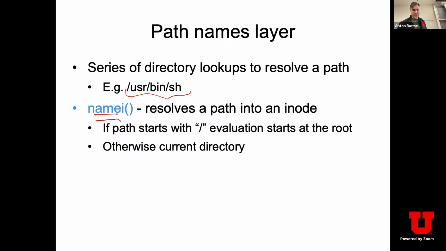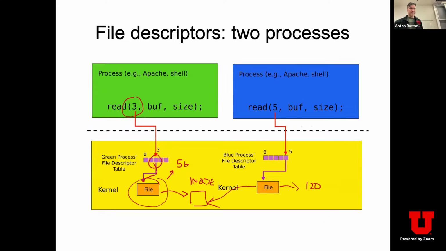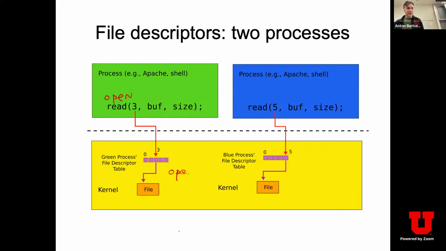Where's my picture? Hold on. This one, for example. Oh, this is a pipe. Okay, let's not use a pipe. So imagine that instead of doing a read, you do open. When you implement open, it will take a path like user bin ls or something. It will look up the path by traversing the directories in the file system.